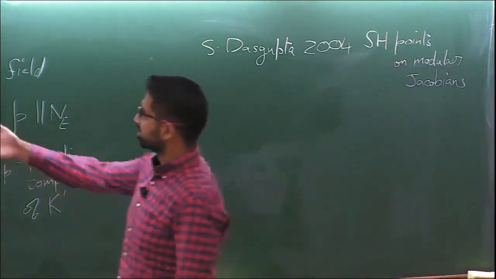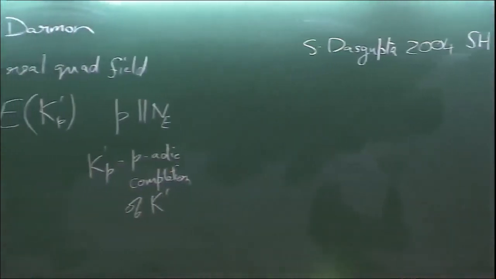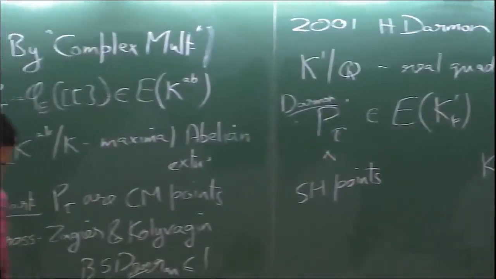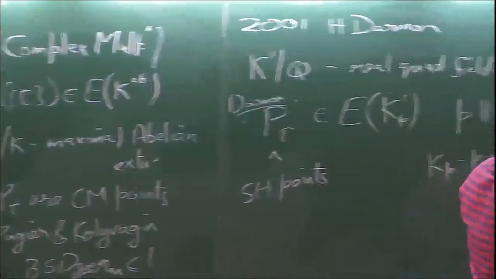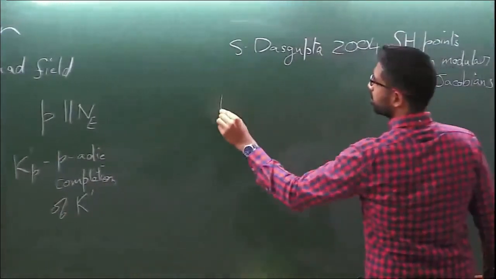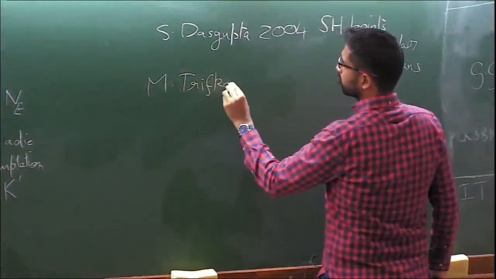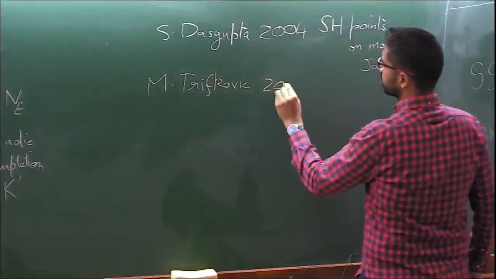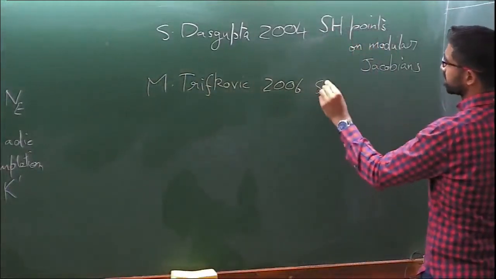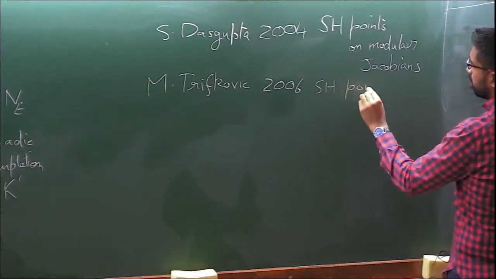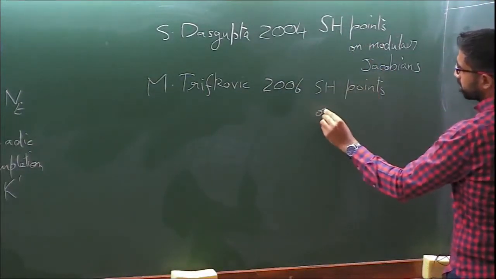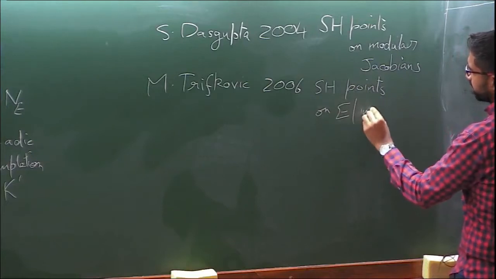So Henri's construction is for elliptic curves, and then you can pull it back to the Jacobian of the modular curve. And then subsequently, Mak Trifković, I think a 2006 Duke paper, is again Stark-Heegner points on elliptic curves, but now they are defined over imaginary quadratic fields.